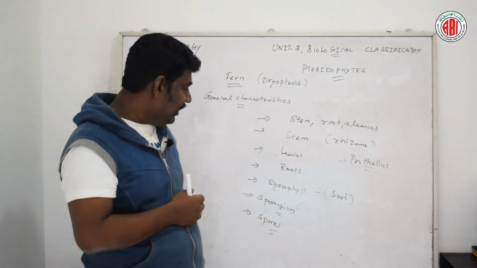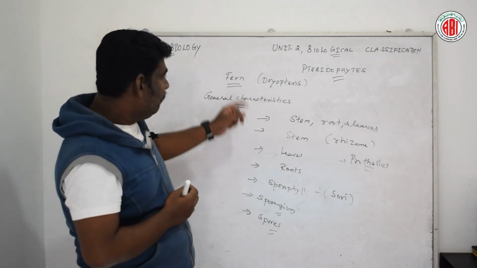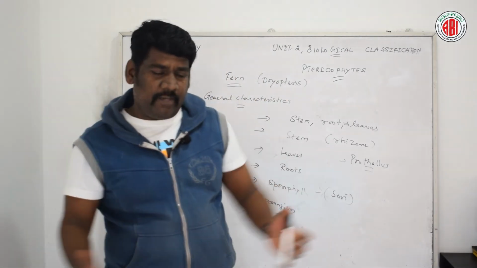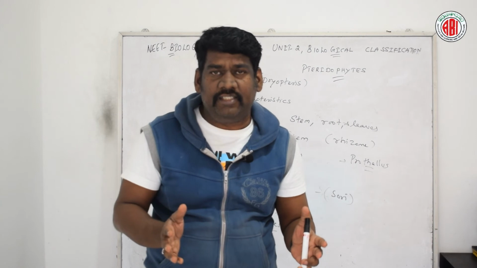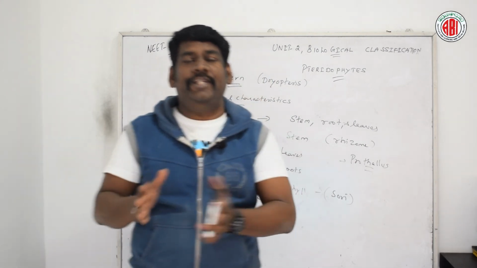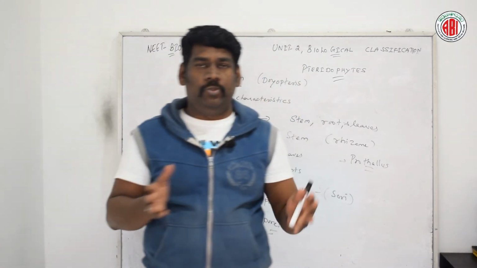We have also discussed in detail how fertilization occurs in fern. Now let us talk about the difference between two different terms, Homosporous pteridophyte and Heterosporous pteridophyte. What is the meaning of these two different terms?